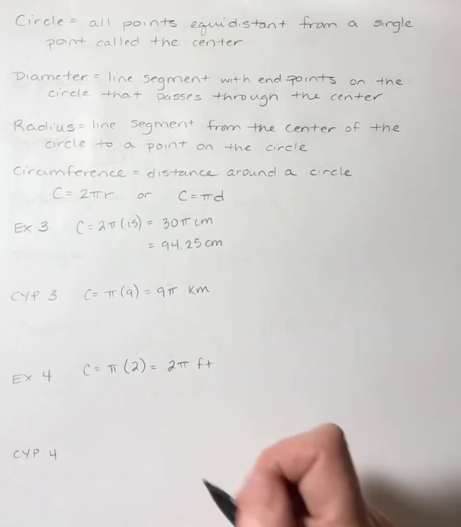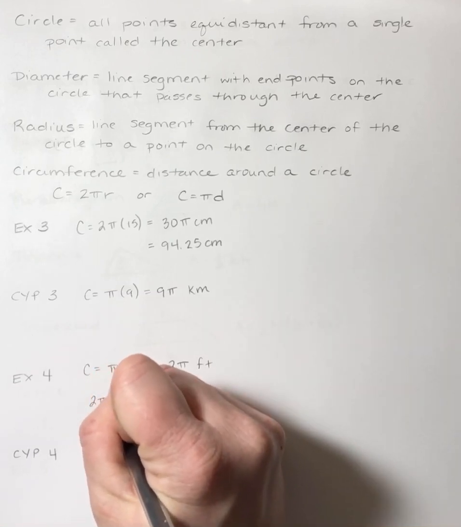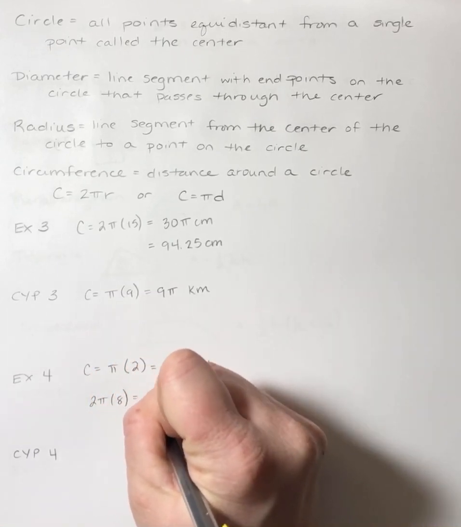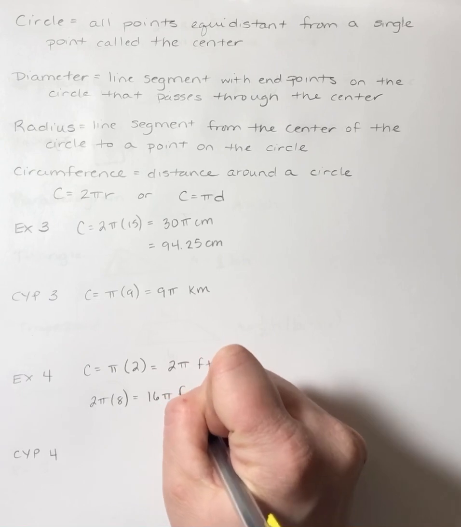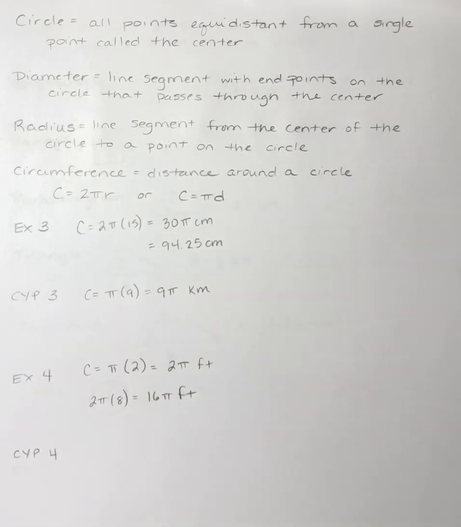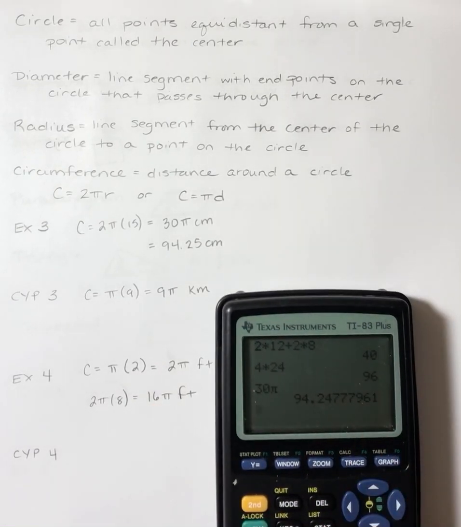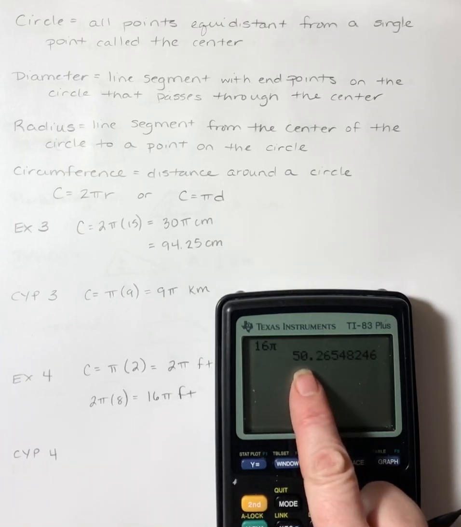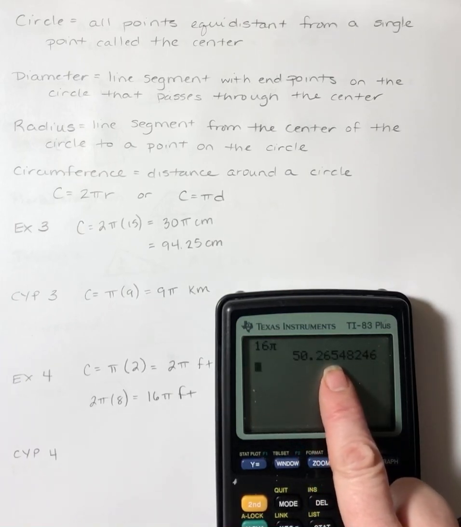This is 1 revolution, so I take 2 pi times 8, and I get 16 pi feet. Then they said round to the nearest hundredth, so I'm going to use my calculator, and I'm going to take 16 times pi, and I get 50.27.